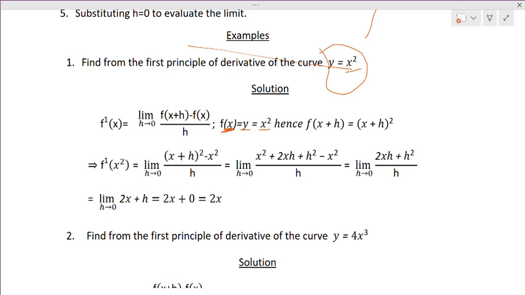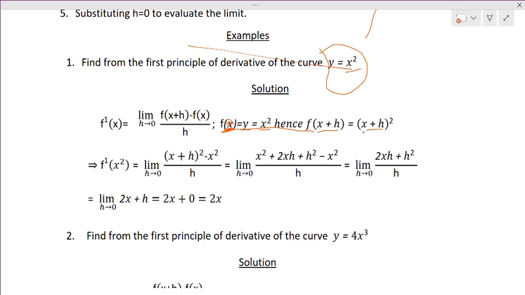So our f of x plus h will be equal to, now we're saying f of x is equal to x squared, then f of x plus h will be x plus h all squared. Right? So we just substitute the x plus h here in place of this x here.